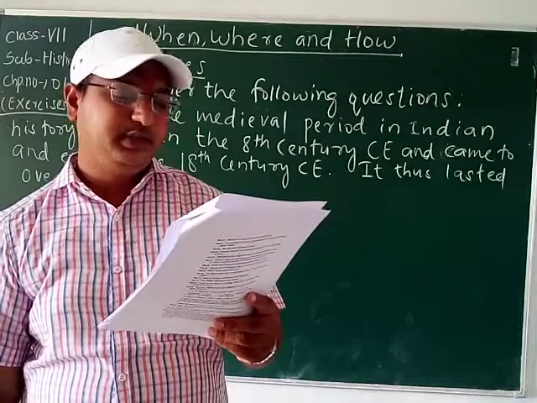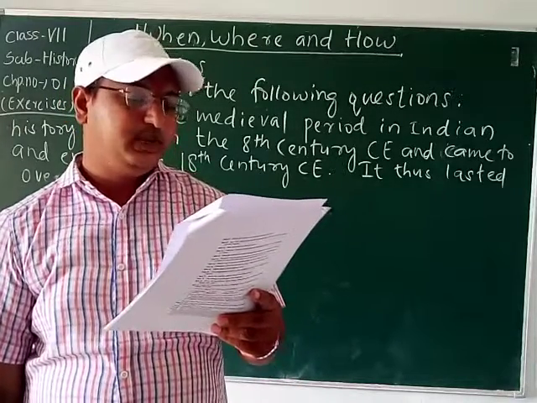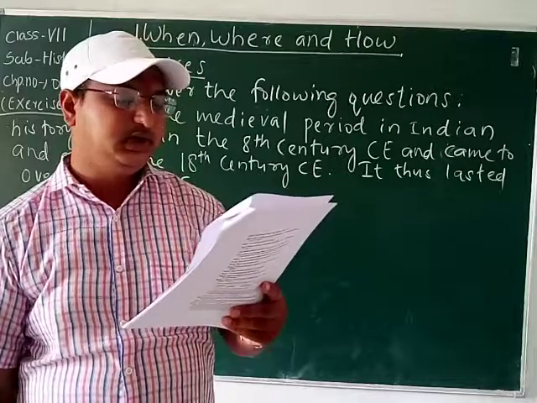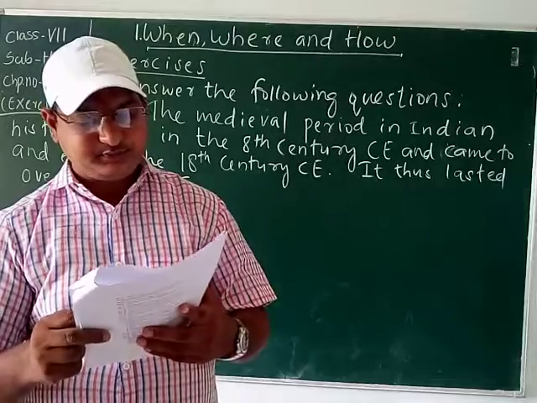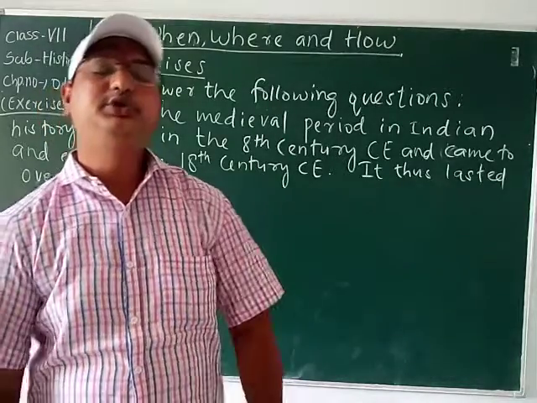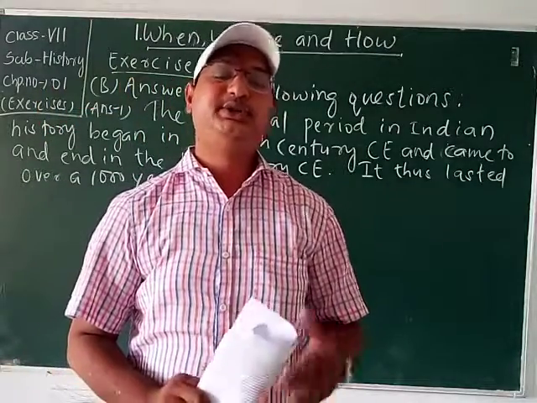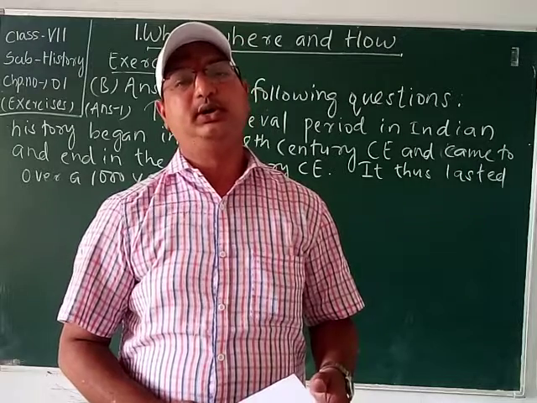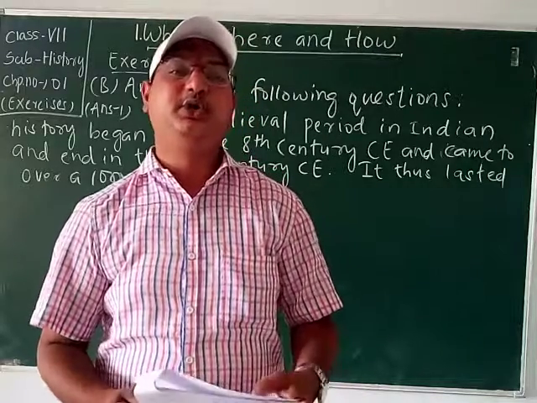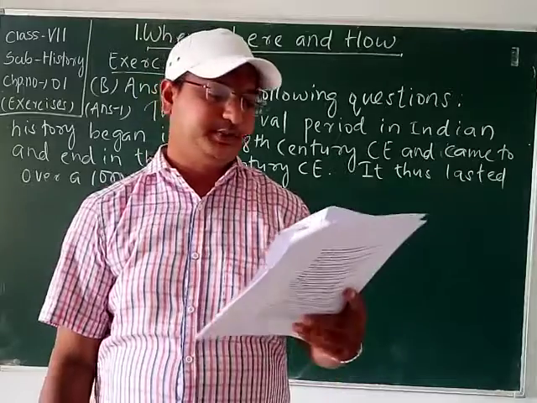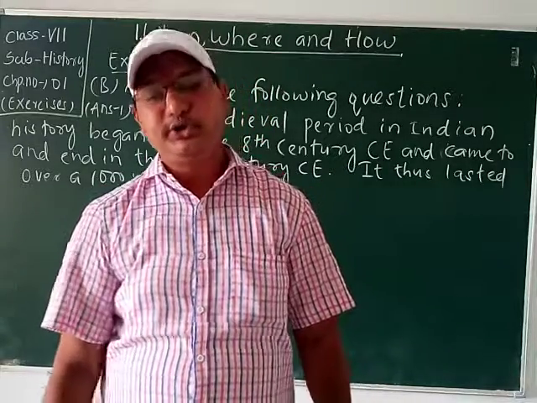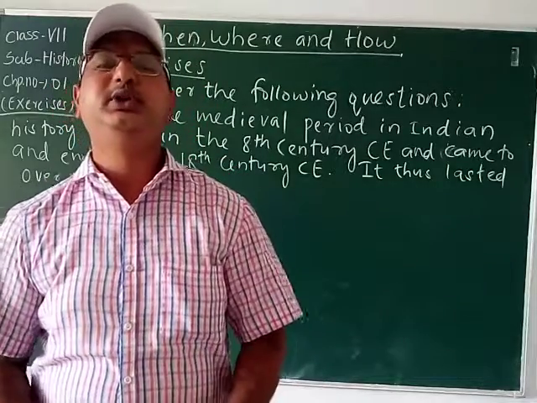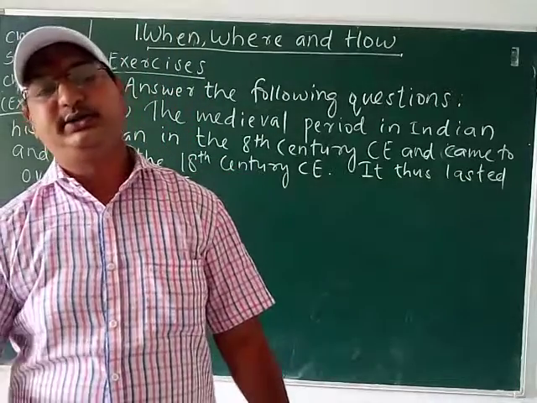Political disunity, the rise of Indian feudalism, and increased contacts with other civilizations were some of the changes that occurred around this time. Okay, students. Therefore, the 8th century is often called the turning point in Indian history. So, these are the three major reasons: political disunity, the rise of Indian feudalism, and increasing contacts with other nations.